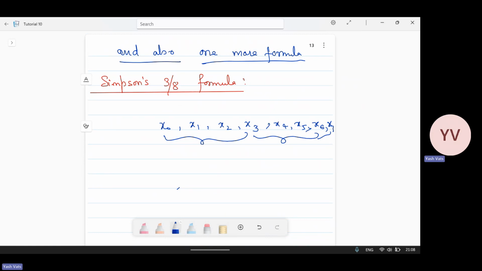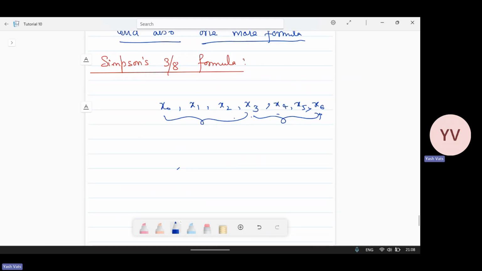Here also you need n to be even, right? It takes into account 4 values at a time, 4 values of the function.